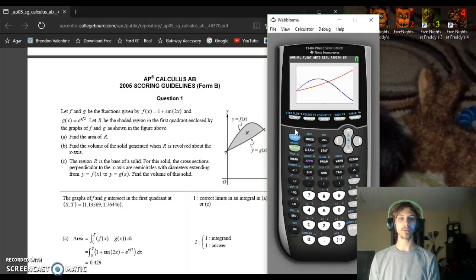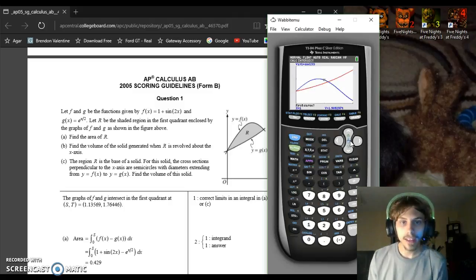So we want to figure out where they intersect. For that, we go to second and calc. We go to intersect. Then the first curve, just set it there. My guess is that it's there.